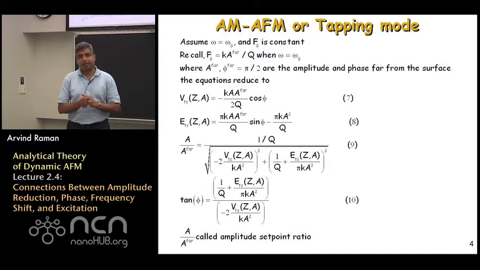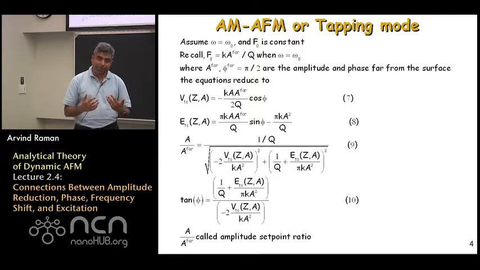Equation 9 is a classic equation for tapping mode atomic force microscopy. It's called the amplitude reduction equation, and it is equally valid for small or large oscillation amplitudes. In other words, it's the most general equation in tapping mode AFM.